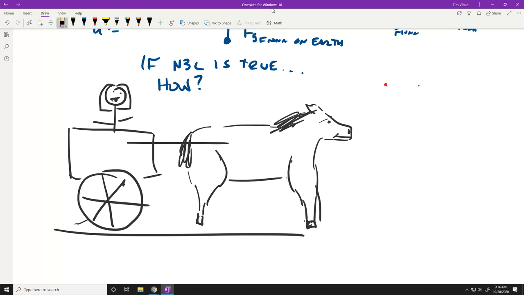If the horse moves to the right and pulls on the chariot, doesn't the chariot pull back on the horse? And won't they just cancel out? So if Newton's third law is true, how can the horse move forward and pull the chariot, and the chariot pulls back with an equal and opposite force? How do they ever get to move if they're at rest to start with? So that's kind of the trick here.